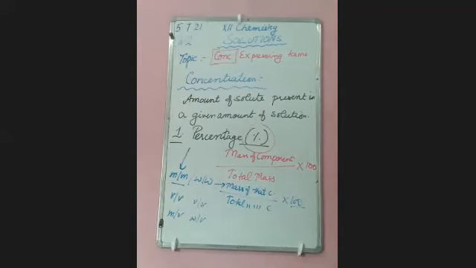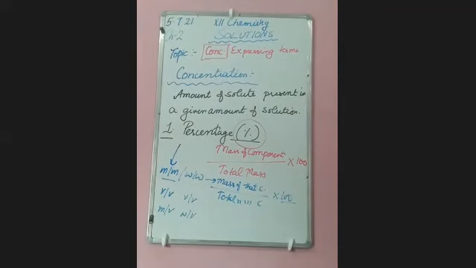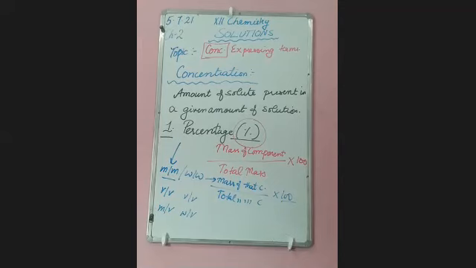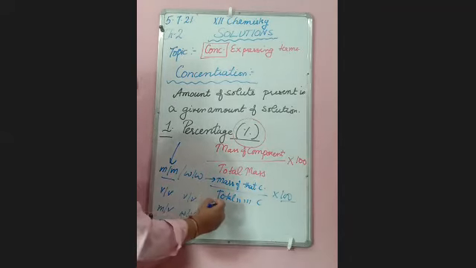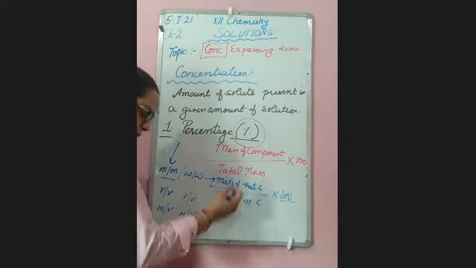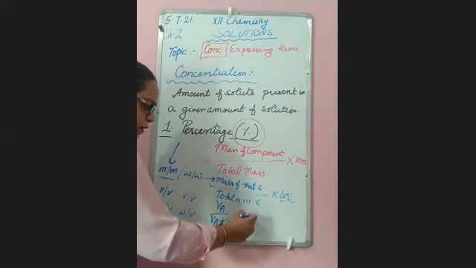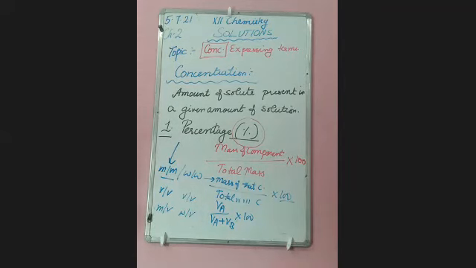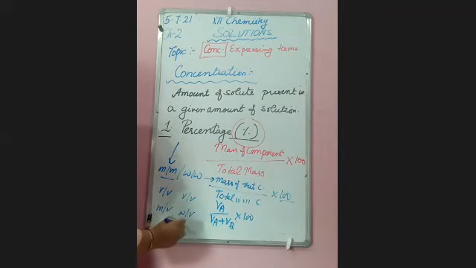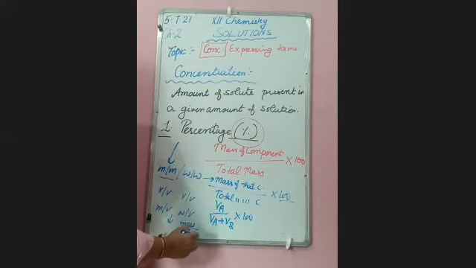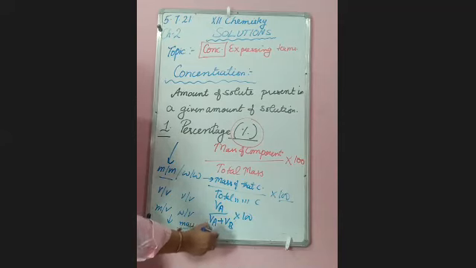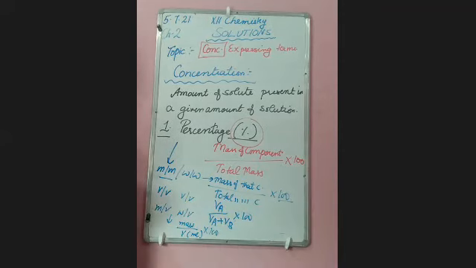So here, volume of a particular component divided by total volume of all the components into 100. Next is M by V, mass of a particular component divided by volume of all the components in ml into 100. Okay, simple it is.